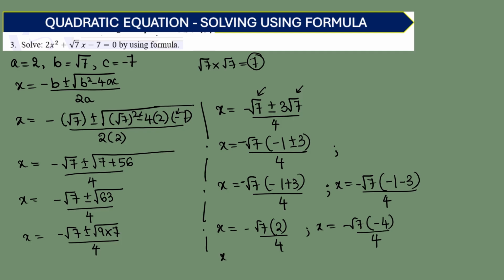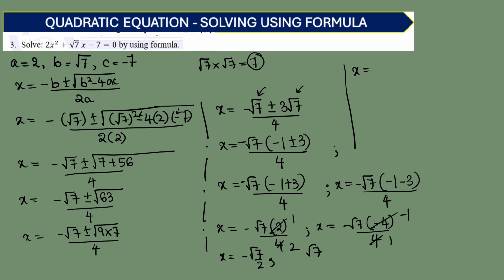So this becomes x is equal to 2 1s are 2, 2 2s are 4, minus 1, 1. So we are left with minus root 7 by 2, comma, what is this? Minus root 7 into minus 1 is root 7. So now you have to find the answers. So what is x? X is, the value of root 7 is 2.645.